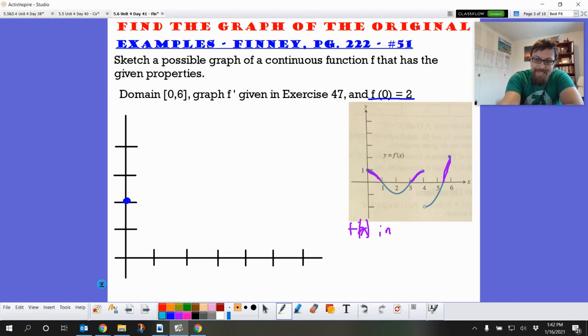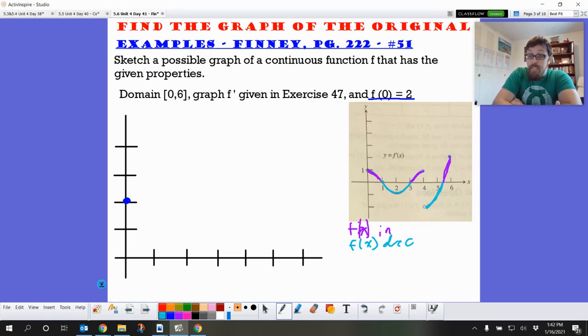Then we're going to be decreasing on this interval and that interval because that is where the derivative is negative. We also know we're not differentiable at 4, so we're going to have one of those cusp points right there, so we need to make sure that it's sharp.